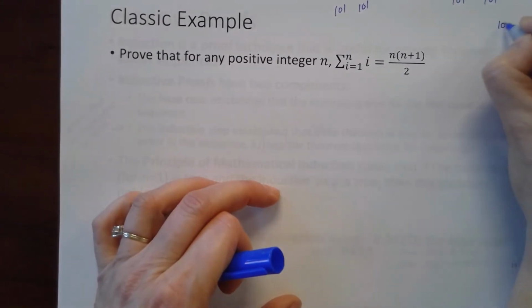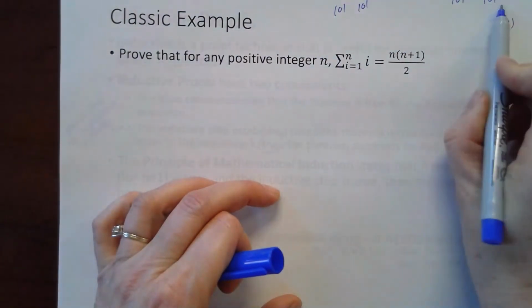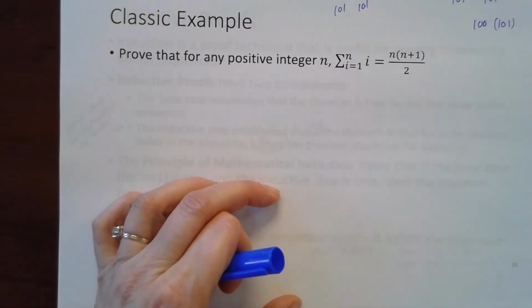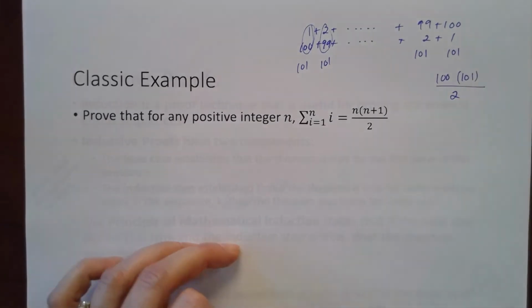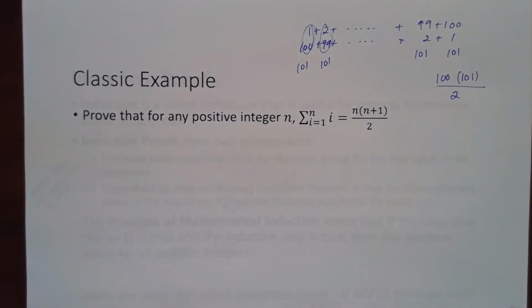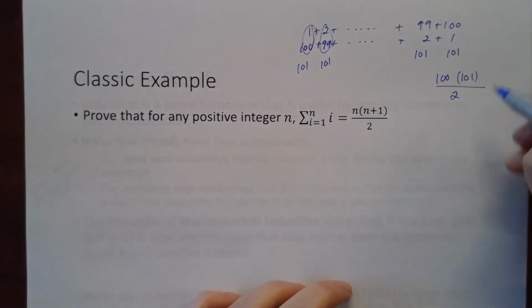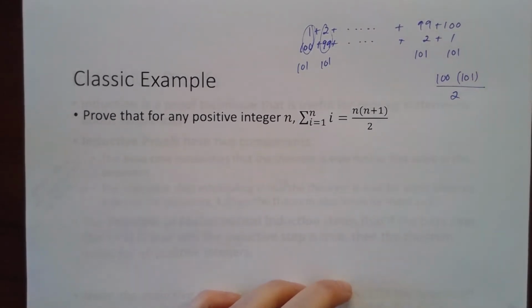So I've got 100 of these pairs of 101, but that's twice the sum, so if I divide by 2, I get the actual sum. So I just have 50 times 101, and what do you get on that? That's 5050. And so he was able to quickly figure it out.